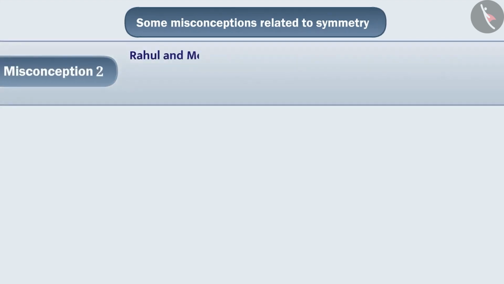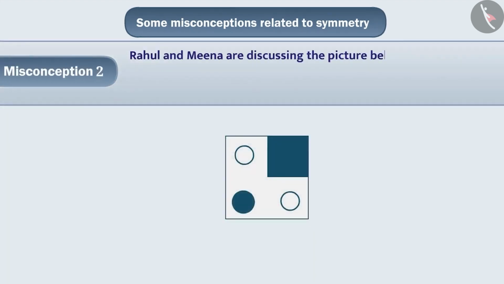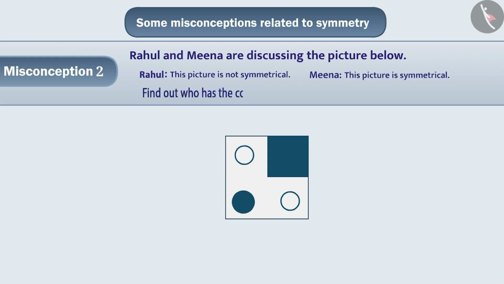Misconception 2. Rahul and Meena are discussing the picture below. Rahul was saying that this picture is not symmetric, while Meena believed that this picture is symmetrical. Find out who has the correct understanding of symmetry.